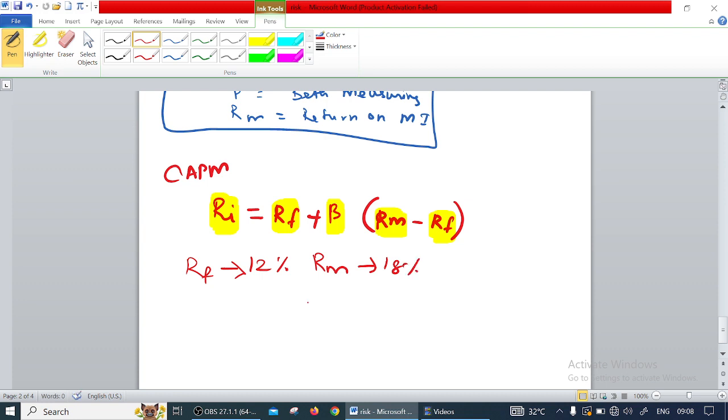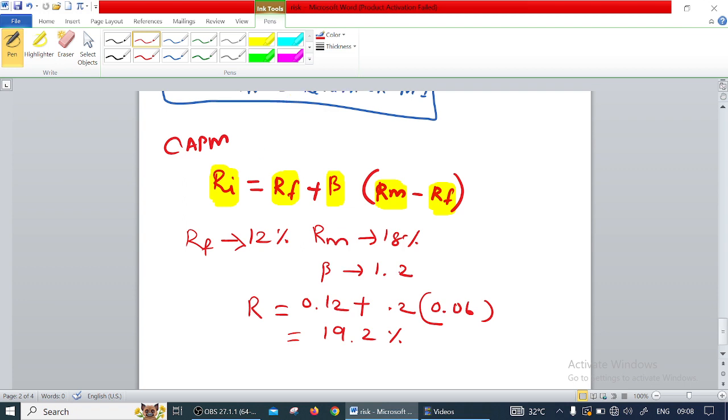Let us take a beta of 1.2. Then how do you calculate the return? Return is equal to 0.12 plus 1.2 times (Rm minus Rf), which is 0.06, that is 18 minus 12. So now you will get 19.2 percent. This is the CAPM model.